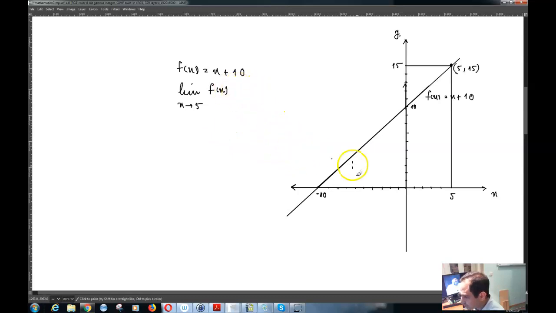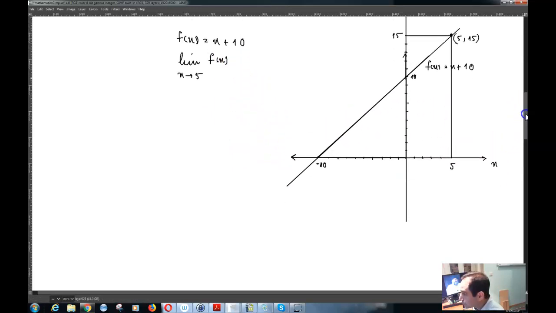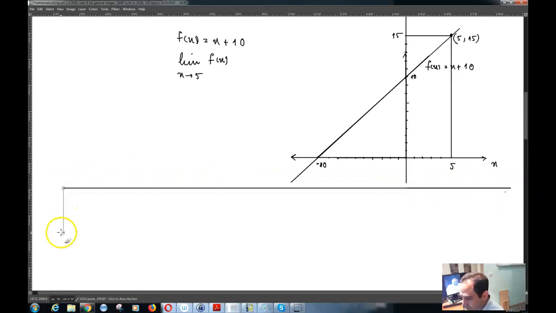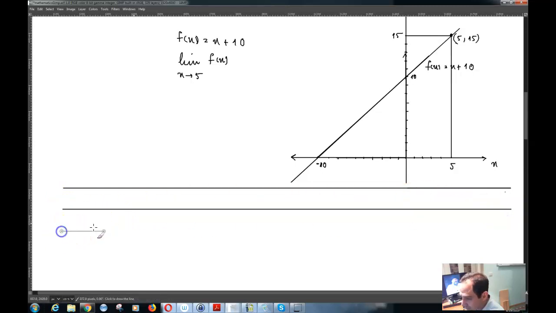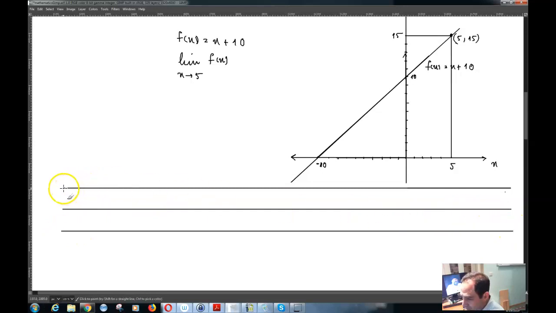But of course you can always create a table over here, and suppose that I take this point as x exactly equal to 5.